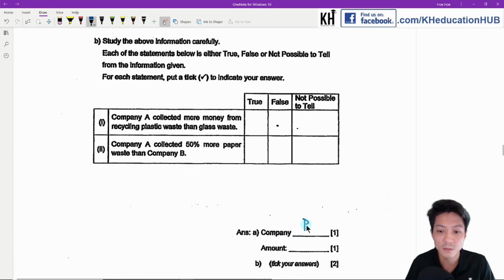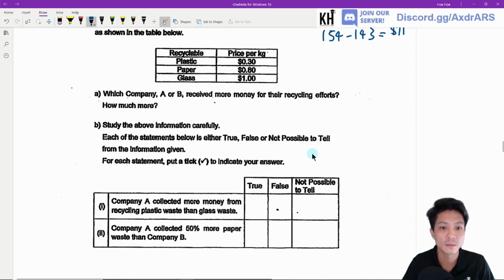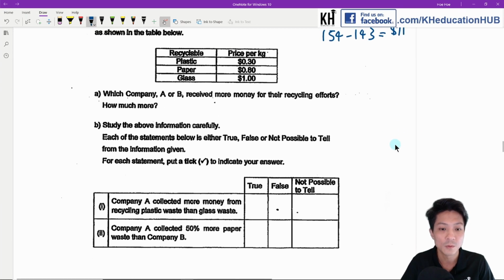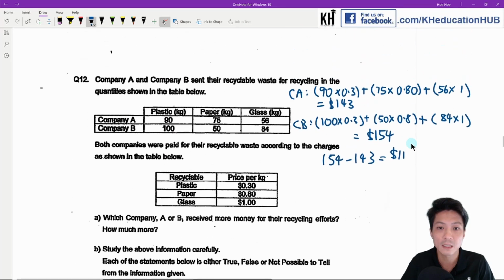Let me write this down first. Okay, for part B, study the above information carefully. Each of the statement below is either true, false, or not possible to tell, so I need to find out which is which. Okay, for part 1, company A collected more money from recycling plastic waste than glass waste. Okay, so let's look at company A and compare between the plastic and glass.